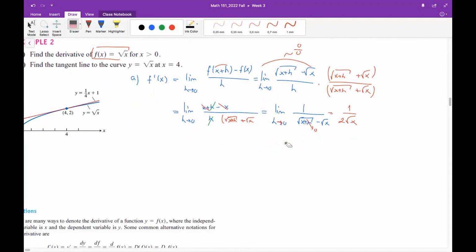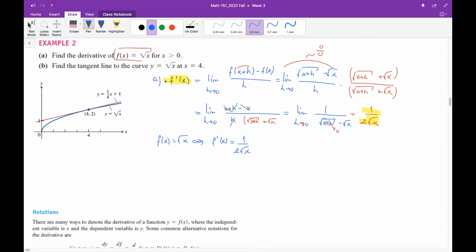So the result of this limit gives you what? It is the first derivative function, okay? So maybe I can also emphasize that. If your function is the square root function, then the first derivative function is given as this expression, which we computed by using this limit definition of the first derivative.